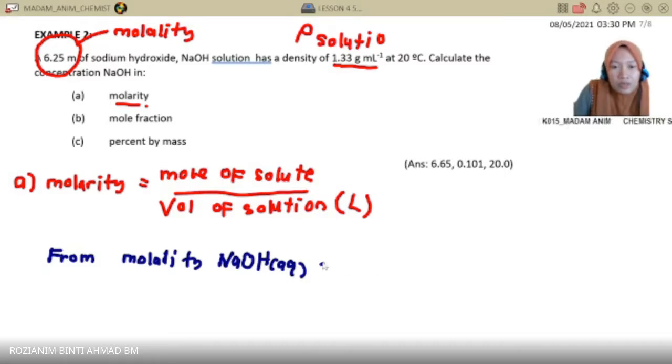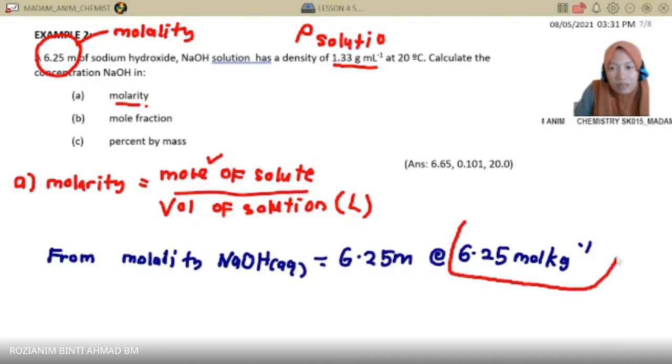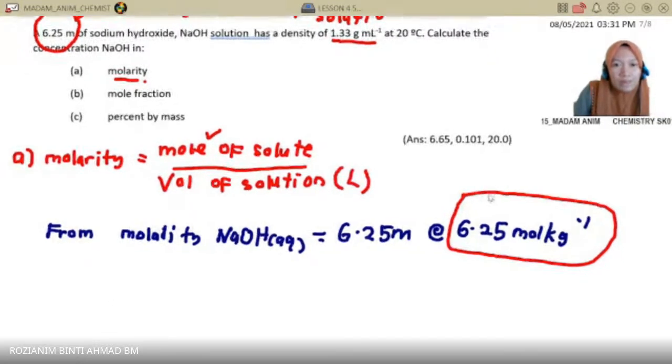Okay, so it's also equivalent to 6.25 m small letter, or we can rewrite also 6.25. Apa unit lain m kecil? Mol per kilogram. So, the suggestion is during you want to find out the mole of solute, we must substitute the formula according to the data by using this unit.